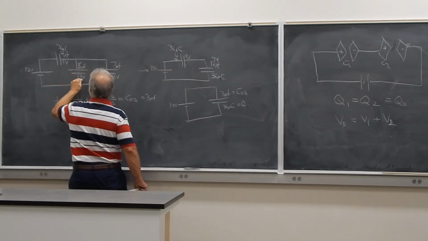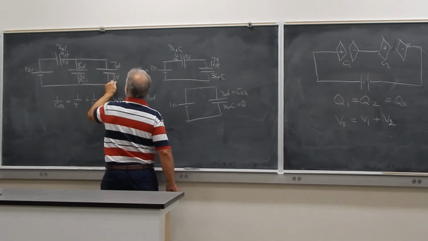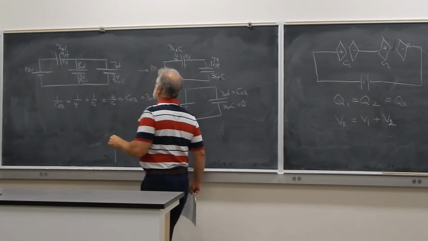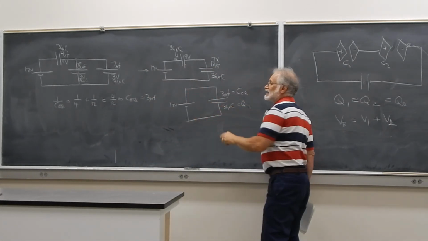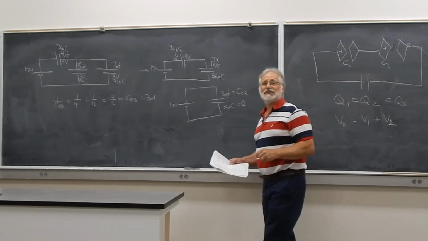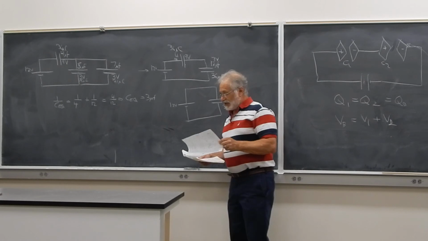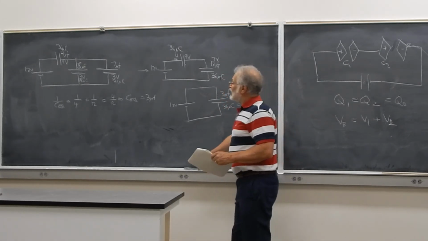So this would be 15 microcoulombs, and this would be 21 microcoulombs. As it must be, the two of them should add to 36, which they do. So that's a nice example of using capacitors in series and parallel.